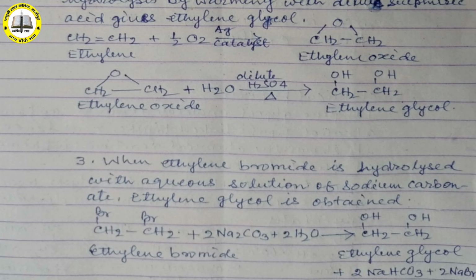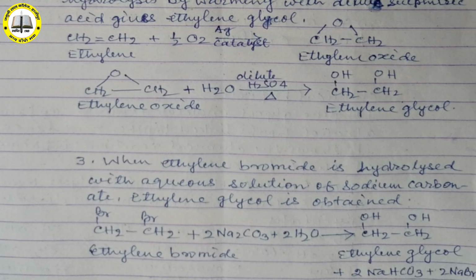The molecule of water present reacts with ethylene oxide to give ethylene glycol, that is CH2OH-CH2OH. This is the industrial method for the preparation of ethylene glycol.